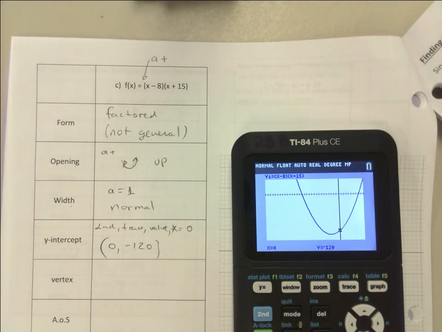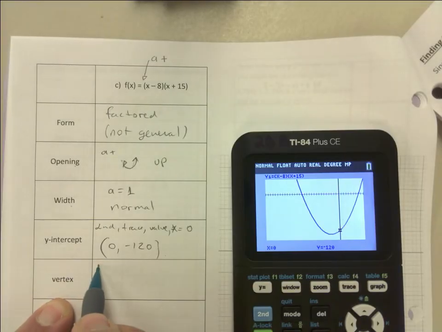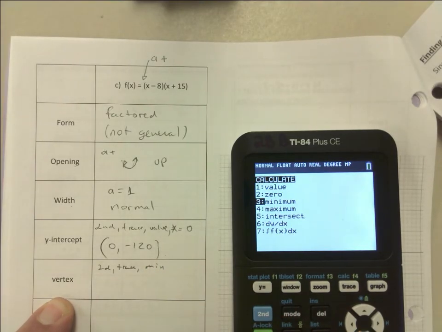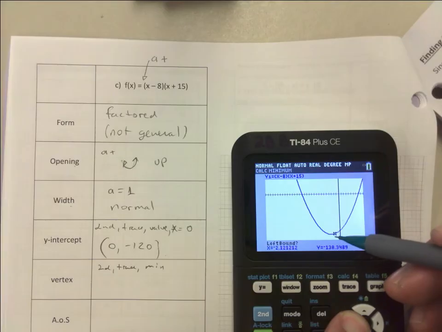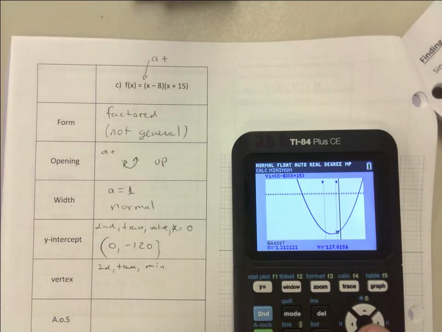There we go. The vertex. What is this, a min or a max? Min, yeah. Second trace minimum. I need to go to the left of it, enter, to the right of it, enter, and then enter again.